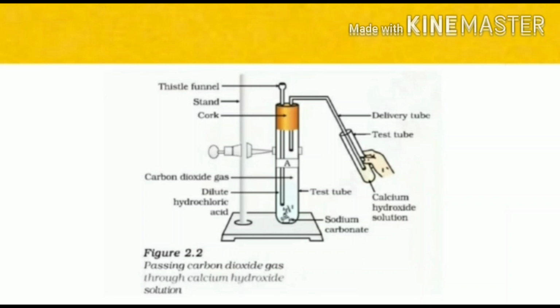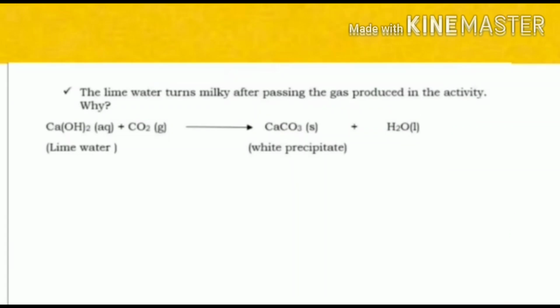Do you know why? It is because when carbon dioxide passes through calcium hydroxide solution, it produces white precipitate of calcium carbonate, which gives this milky color. And the reaction can be written as shown here.